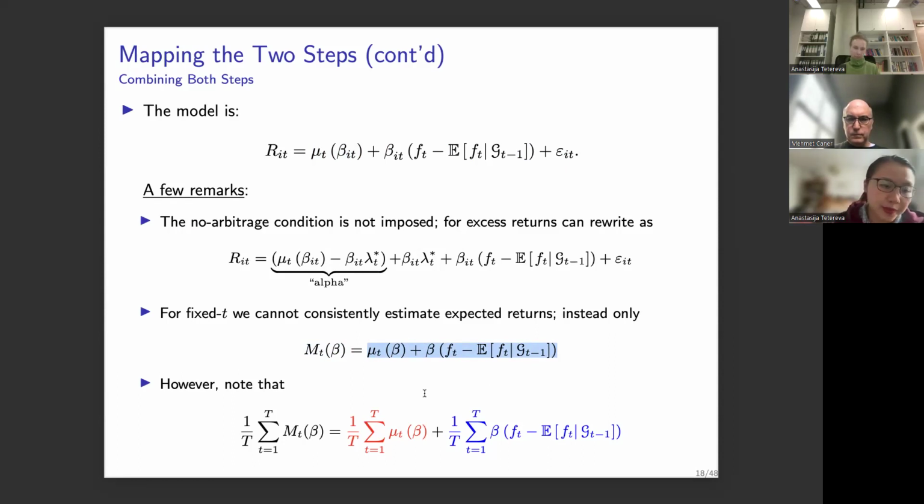Okay, so note that if we take the time average of this mu_t, it would consist of two parts. One part is the average of these conditional returns, which is the thing we are interested in, because investors are interested in the conditional returns over a certain period.